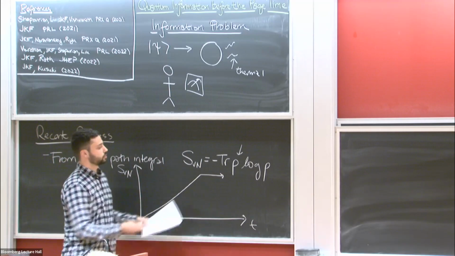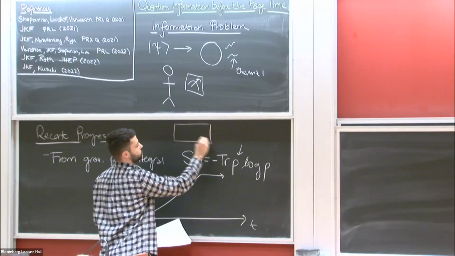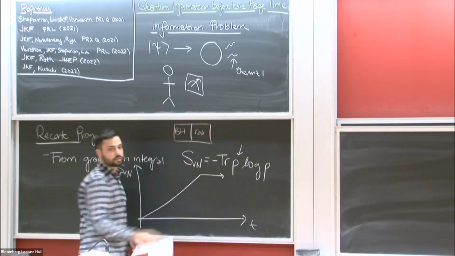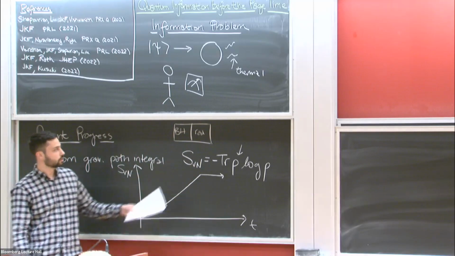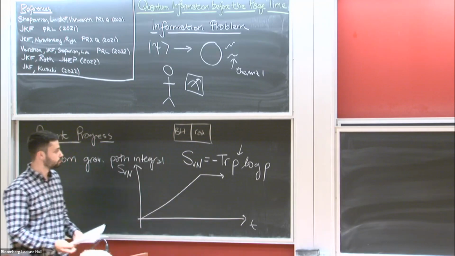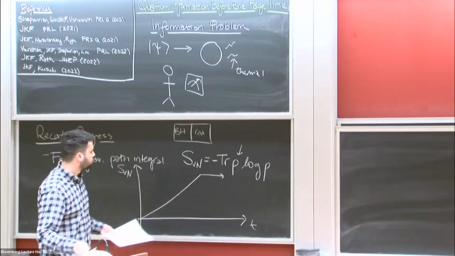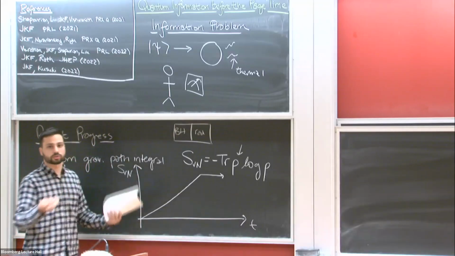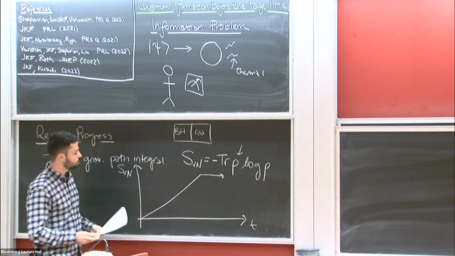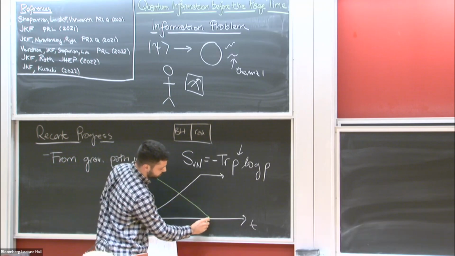And an important feature of von Neumann entropy is that if you have two systems, which I'll call the black hole system and the radiation system, and they're in a global pure state, then the von Neumann entropy of the radiation should equal the von Neumann entropy of the black hole. And as the black hole evaporates, its coarse-grained entropy, described by the area of the horizon over 4G, goes down until it totally evaporates away.